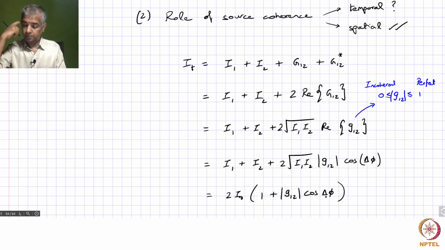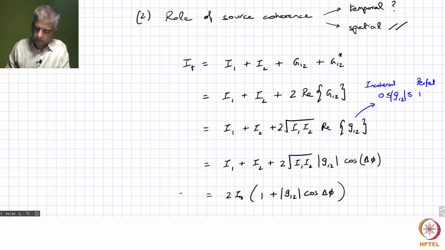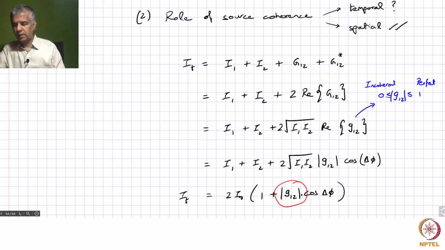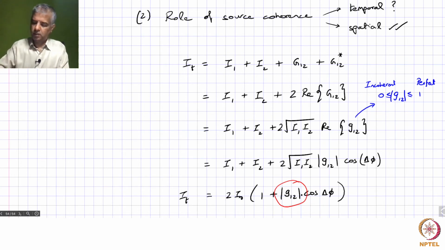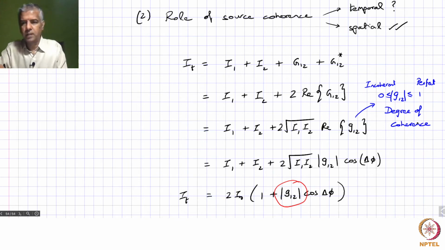Okay, so essentially what is different about this, this is our total intensity now, is the fact that we have this additional term here, this magnitude of g12, which corresponds to the degree of coherence of our source.